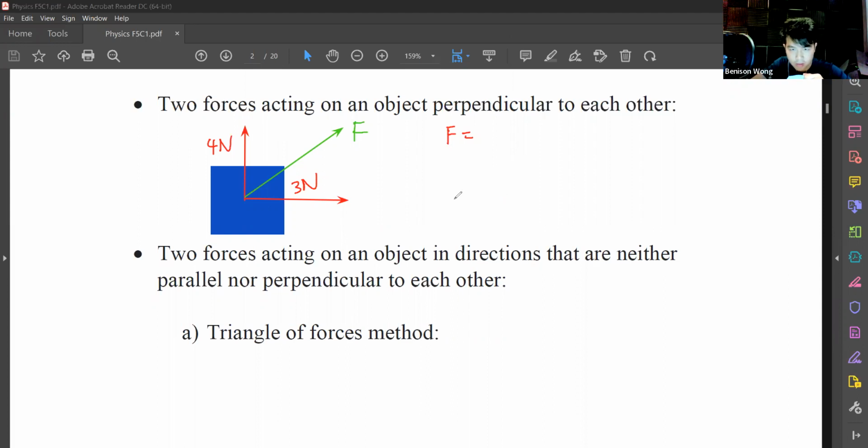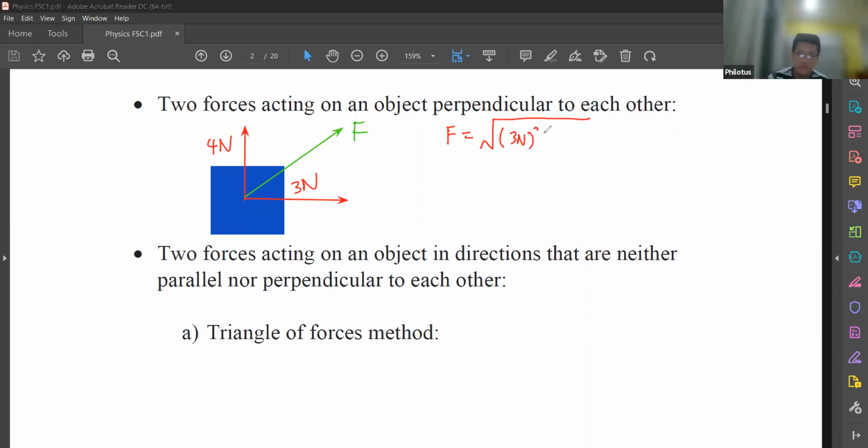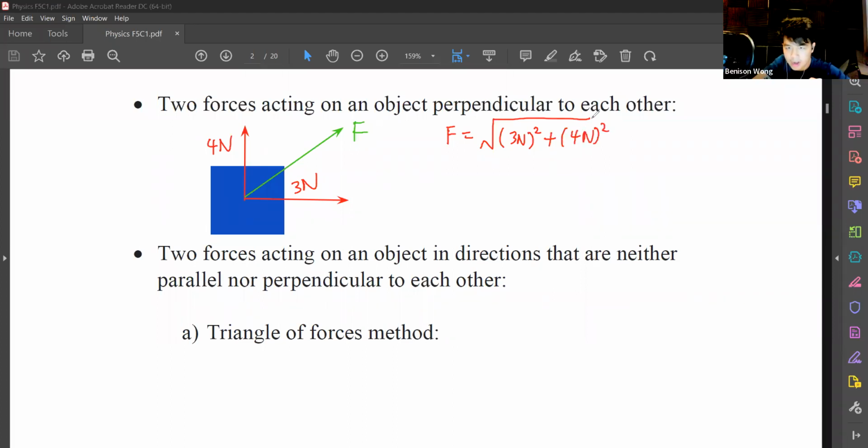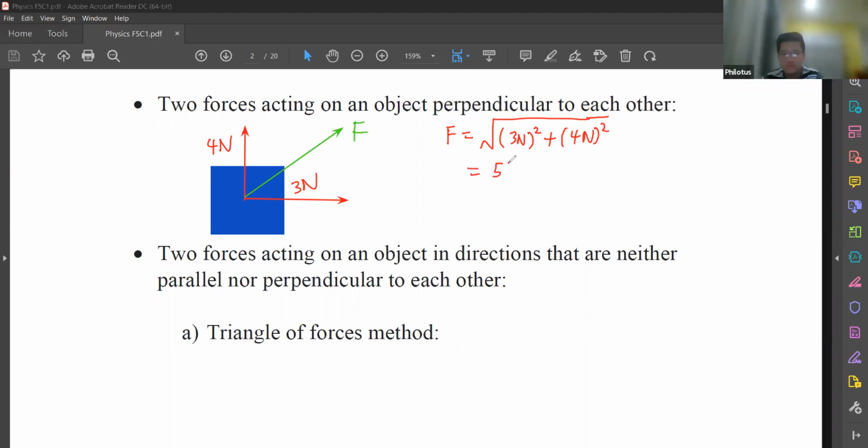To the right 3 Newton, upwards 4 Newton. For the resultant force, you use your Pythagorean theorem. The resultant force will be the square of 3 Newtons plus the square of 4 Newtons, and then you find the square root of that sum, you will get 5 Newtons.